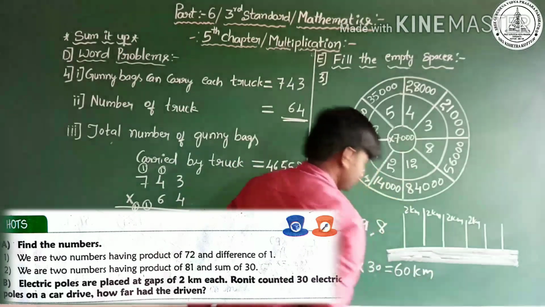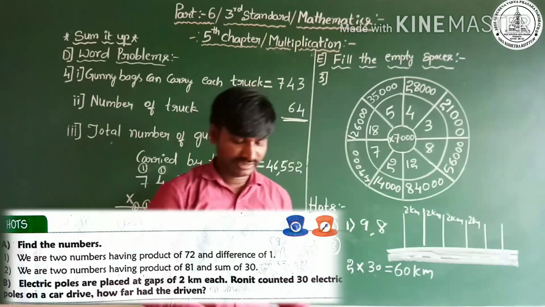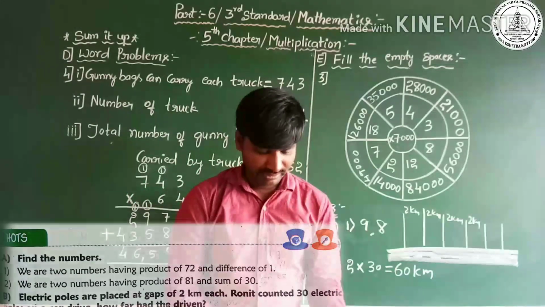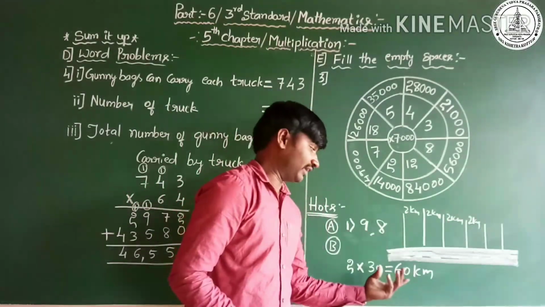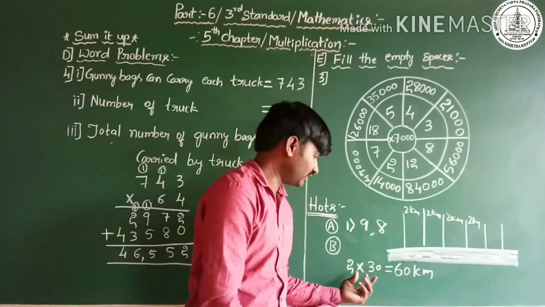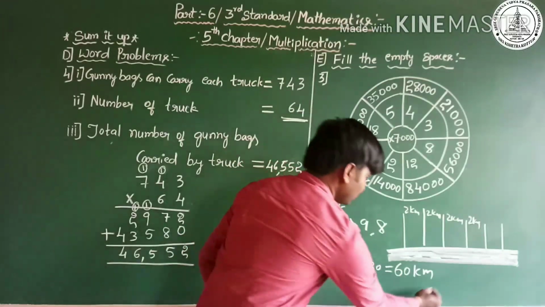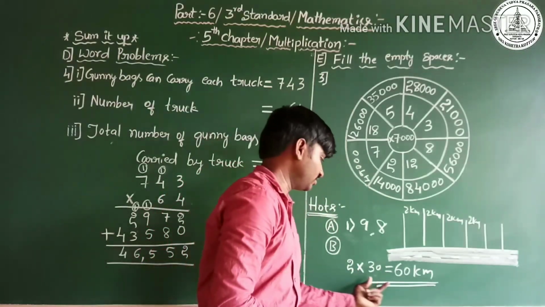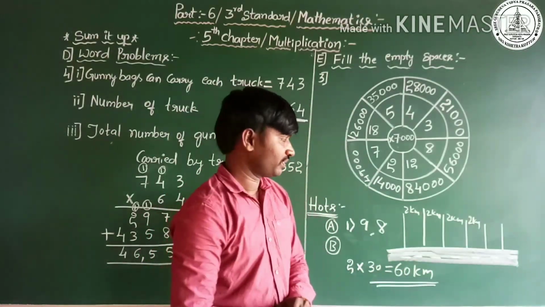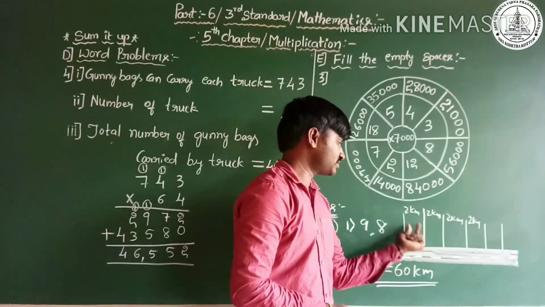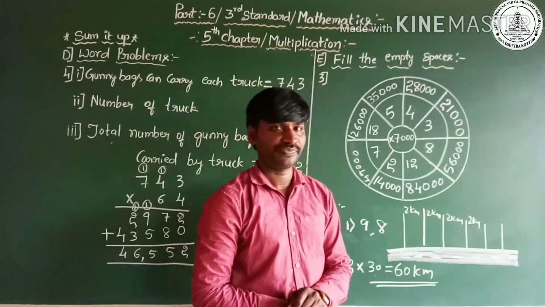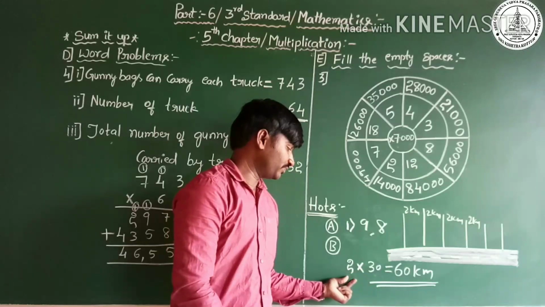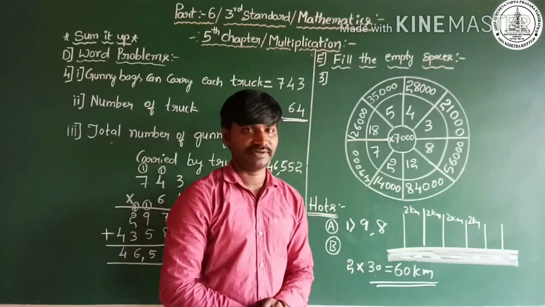Totally 60 kilometers for his drive. Yes, dear student, Ronit covered totally 60 kilometers, since every pole has a gap of 2 kilometers. So you find 2 into 30, we get 60 as the answer.